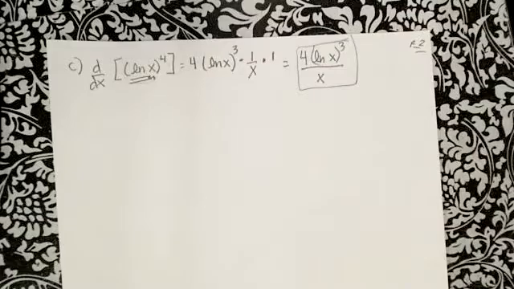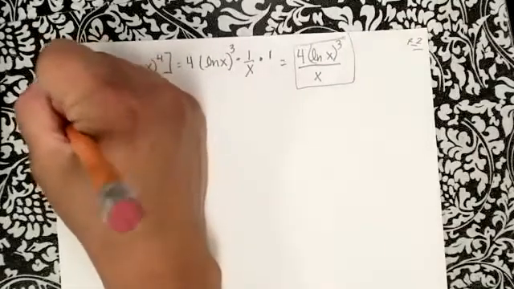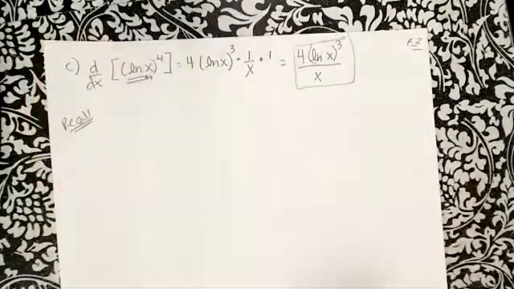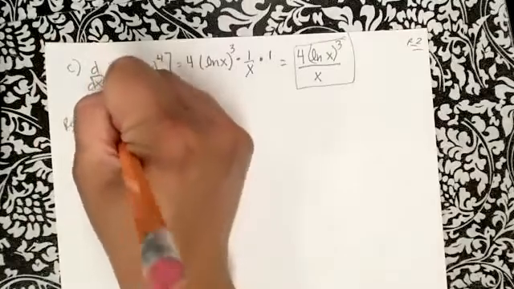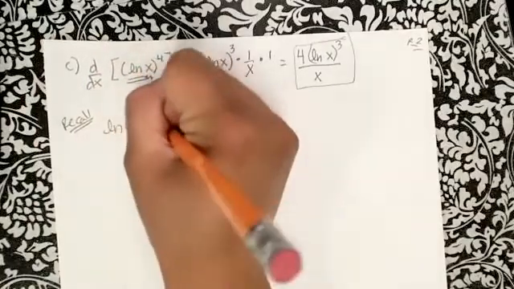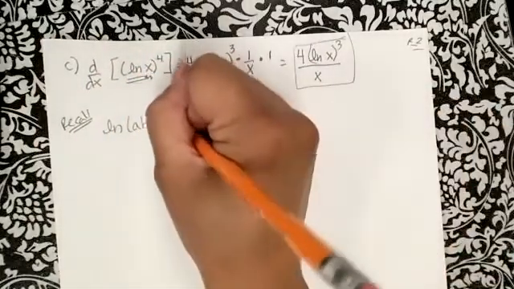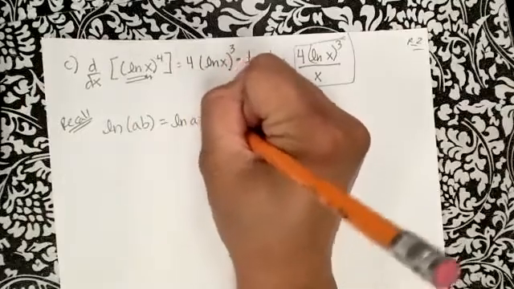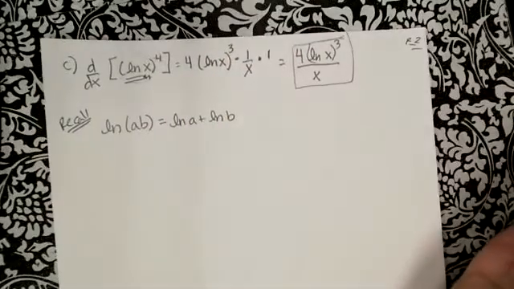All right, before I do the next 2 examples, we need to recall these properties. If you have the natural log of AB, that is the same as saying natural log of A plus the natural log of B. These are the properties of logarithms.